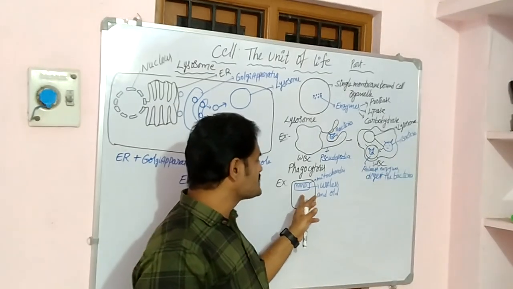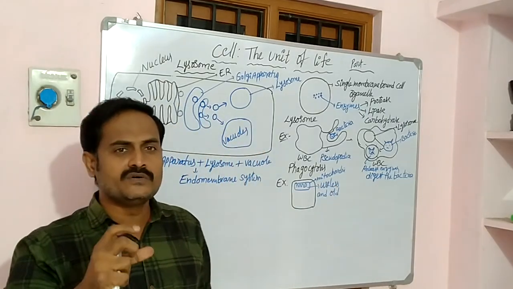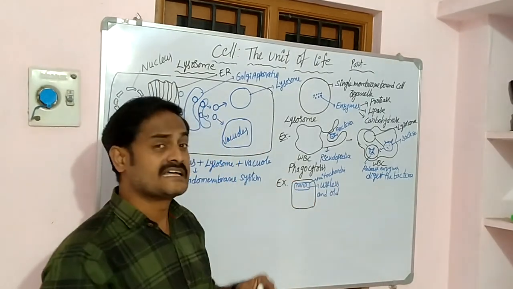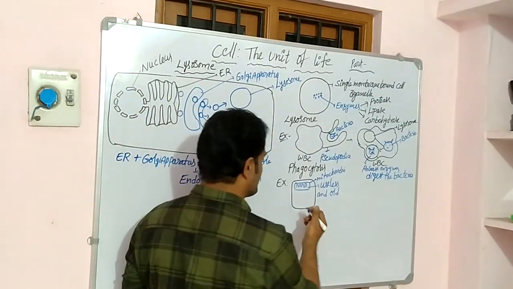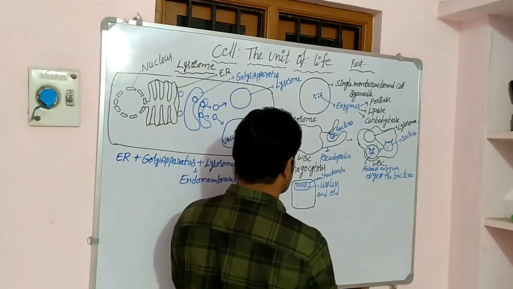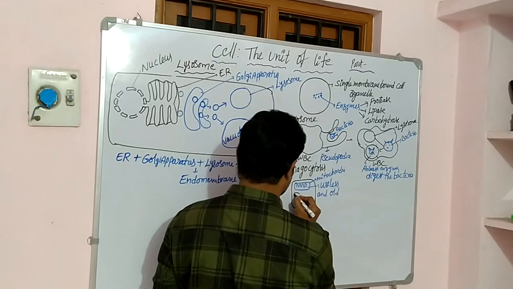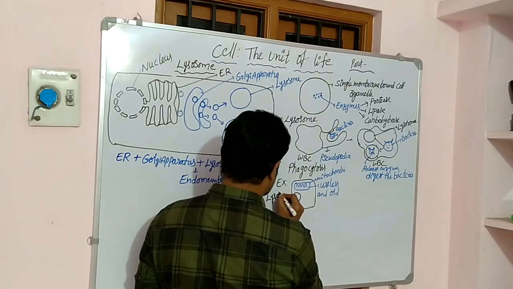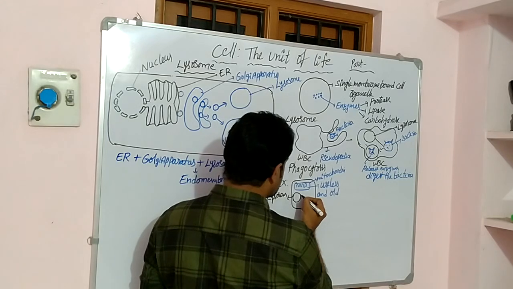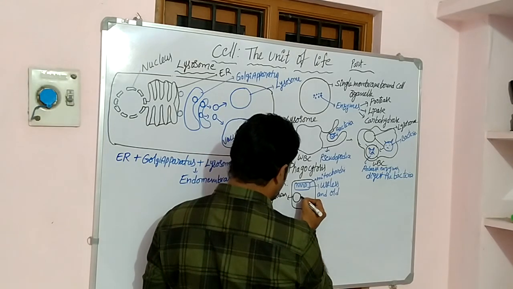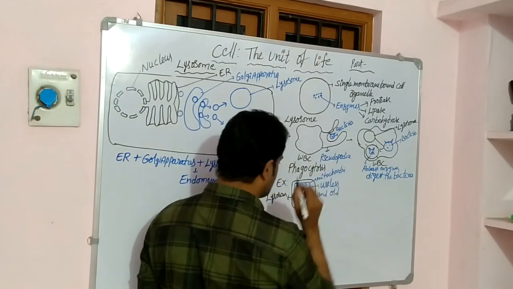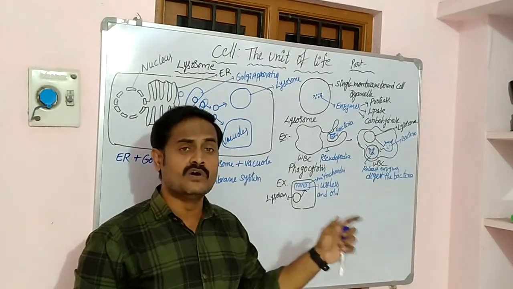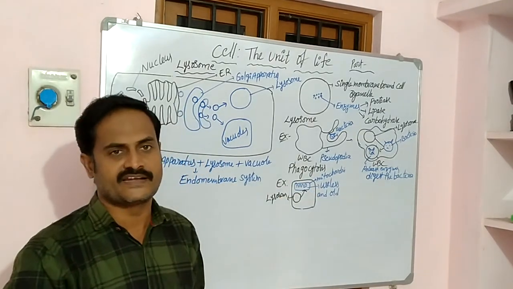Then it has to be destroyed. Who destroys this old and useless organelle? Lysosome. See here, lysosome is also present. Then this lysosome comes and contacts this useless and old mitochondria.